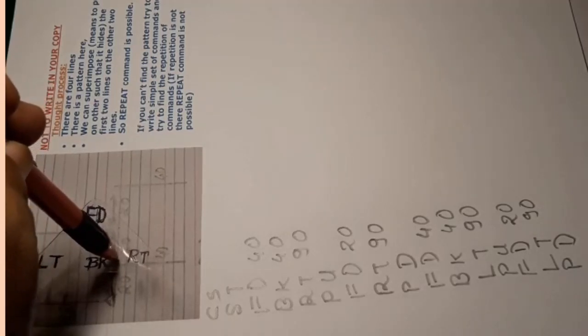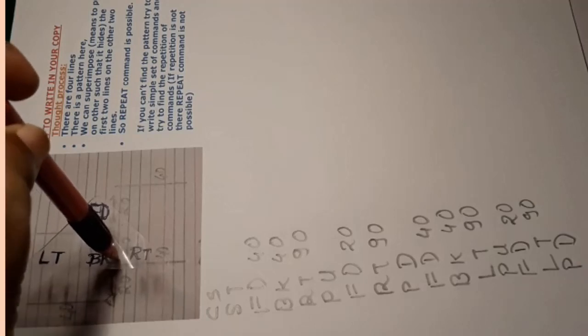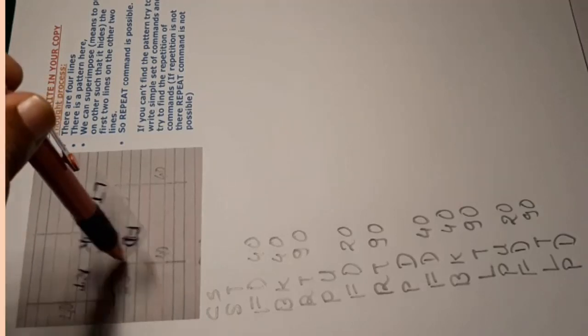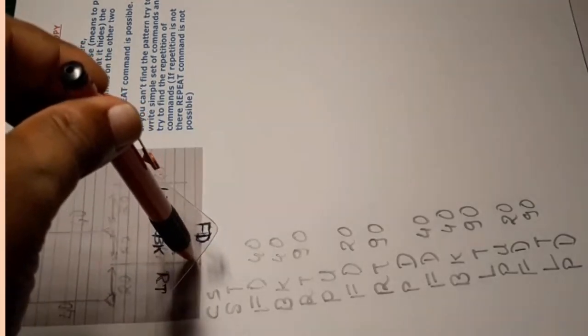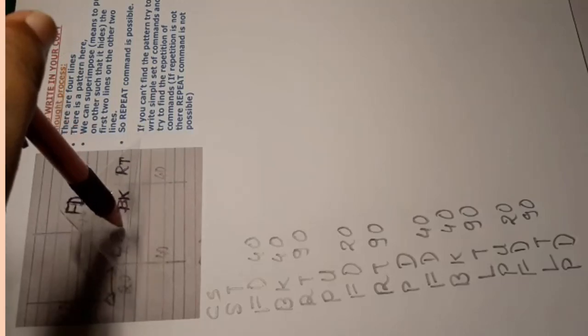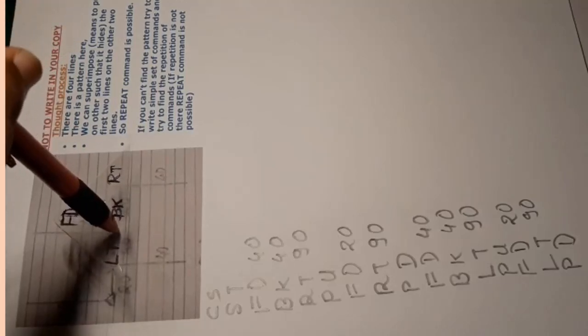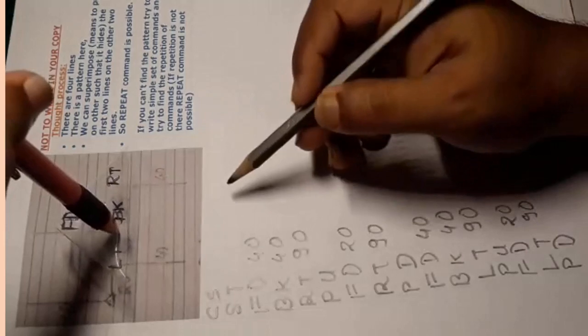So we have done pen up, then pen down, then RT90, then FD40, then BK40, then LT90, pen up, then FD20, then LT90, pen down. So next set of commands we'll try now.